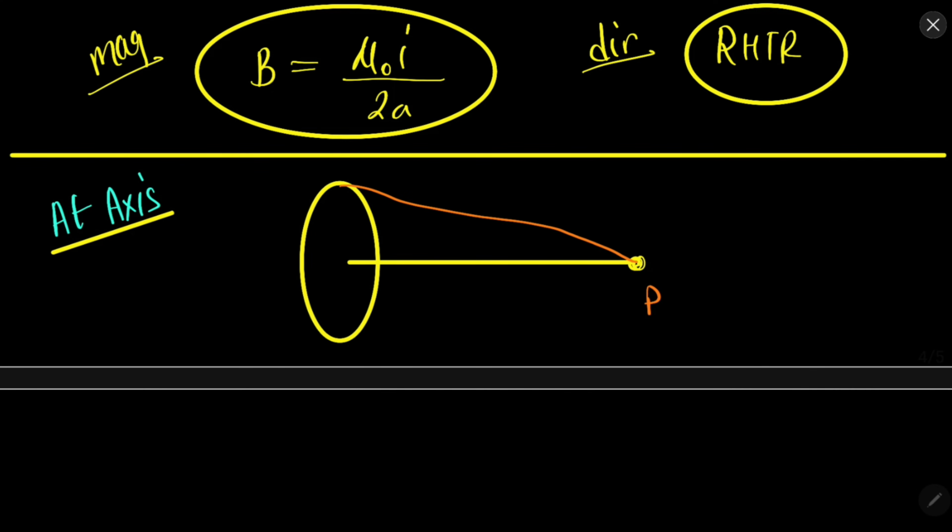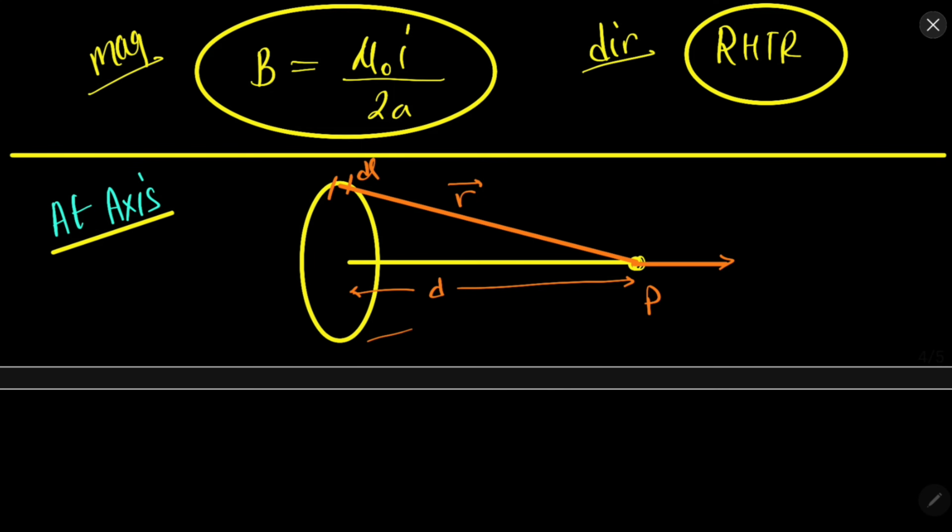Let's say the distance to this small length that we are taking is r, and this distance is d, and we will have a magnetic field due to both these regions of the wire. We will only discuss these two regions and then they will get integrated. So this is one and this is another, so their vertical components will get cancelled out but their horizontal components will get added up. So the magnetic field will be in this direction.